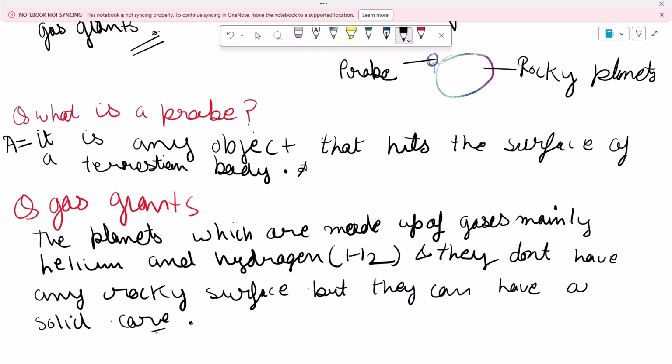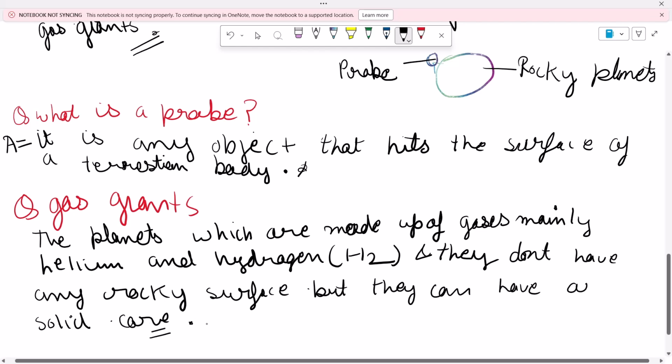For example, Jupiter is a gas giant planet.